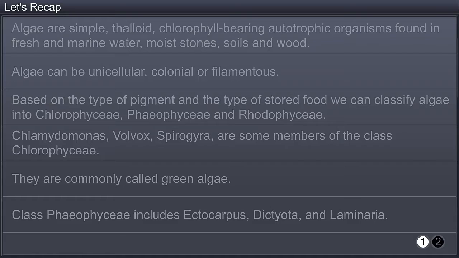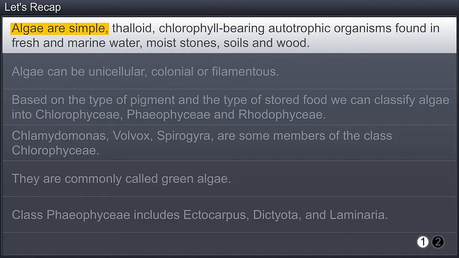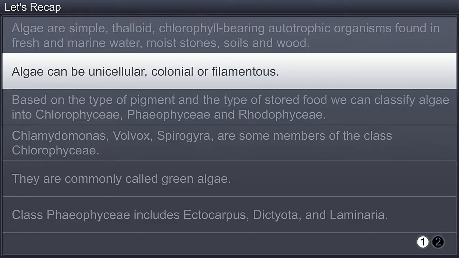In this module, you learnt that algae are simple, thalloid, chlorophyll-bearing autotrophic organisms found in fresh and marine water, moist stones, soils, and wood. Algae can be unicellular, colonial, or filamentous.